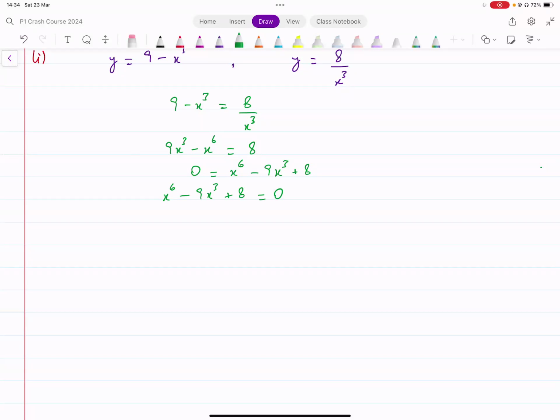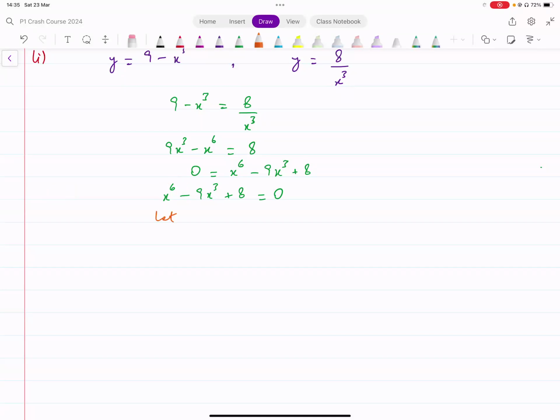This is 6. We don't have a direct way of solving this. However, since the powers are in the ratio 2:1, you have 6:3. Remember what we did in quadratics? Whenever we have powers in this ratio 2:1, we can use substitution to convert this equation to a quadratic form, right? This is a disguised or hidden quadratic equation.